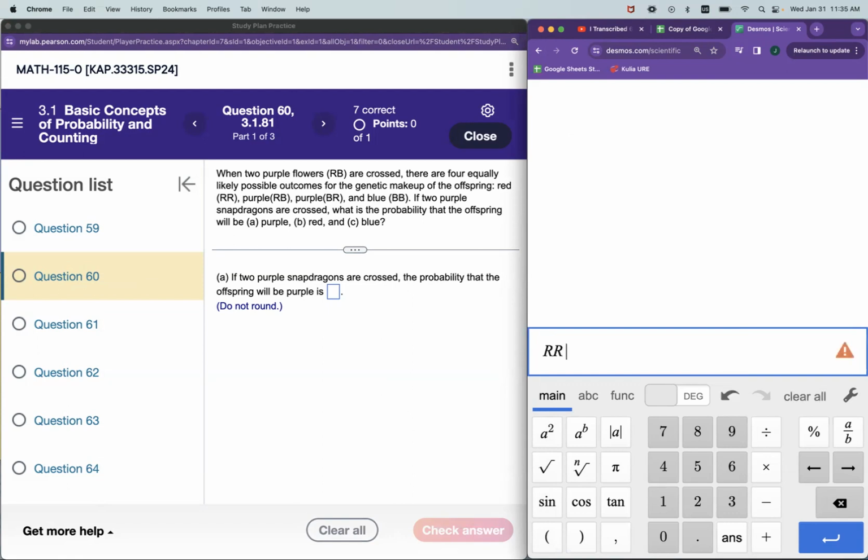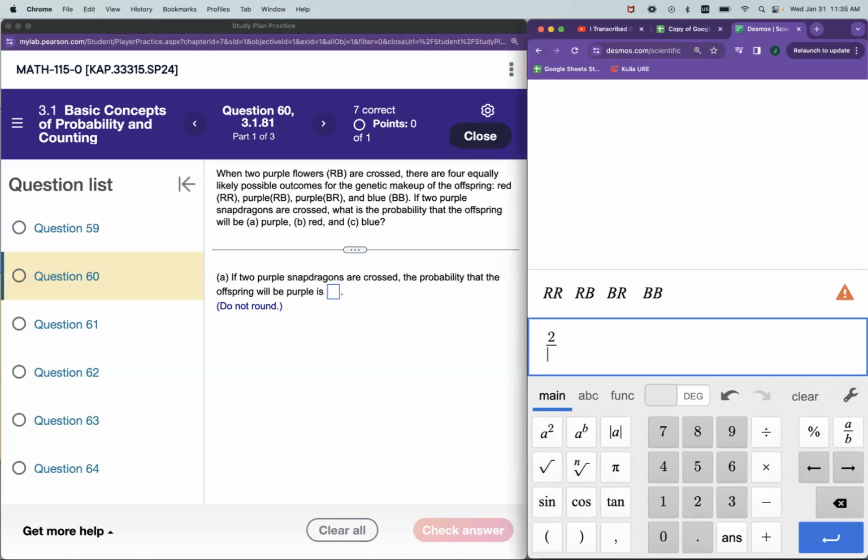Red, red, which is red. Red, blue, which is purple. Blue, red, which is also purple, and blue, blue. What's the probability the offspring will be purple? Looking at 4 outcomes, 2 of the 4 are purple, so the probability is 2 out of 4, which is 0.5.